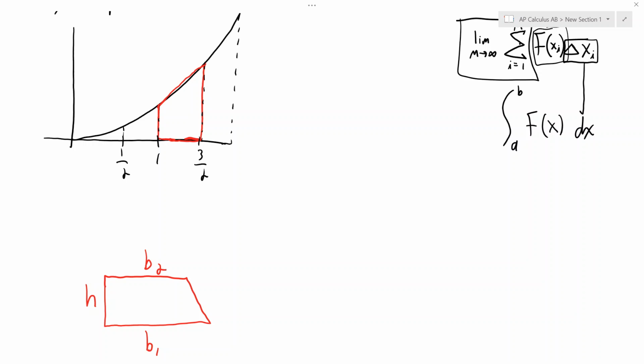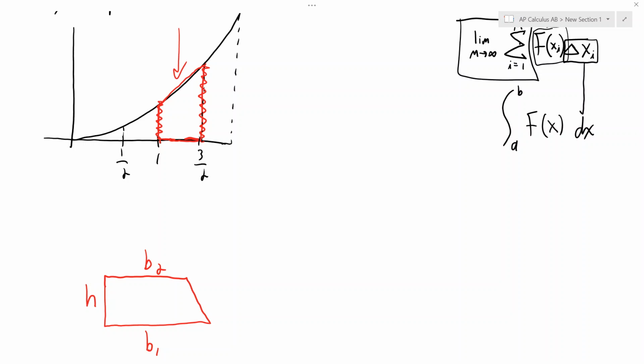Height in this particular case means how far apart the bases are. What's the height of that red trapezoid I drew up here? 1/2, right? 0.5. Base 1 is the y value at 3/2, and base 2 is the y value at 1. You guys see that?